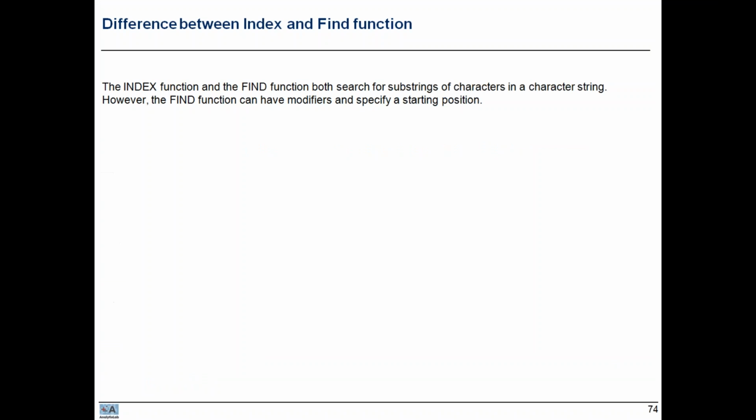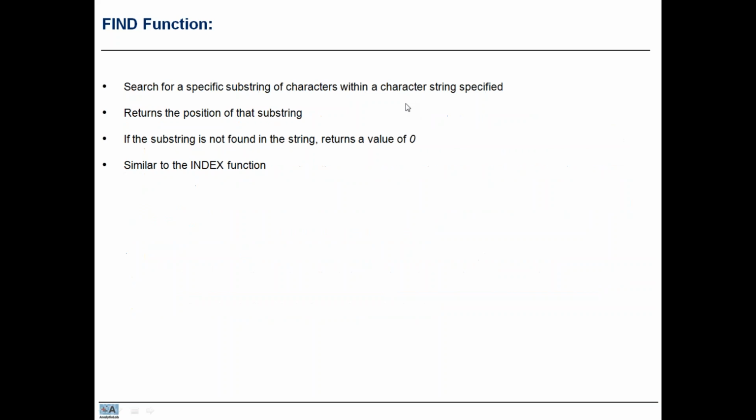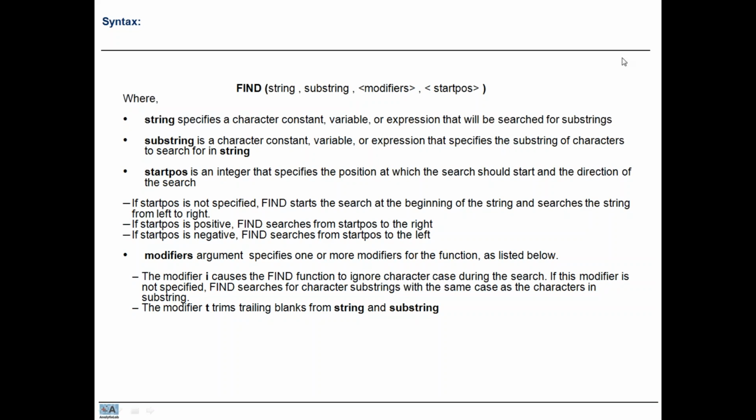The main difference between index and find function: both of them are still searching for substrings within a string. However, the find function can have modifiers and also specify a starting position. So I don't want to always start from the first character. I have an option of starting position.